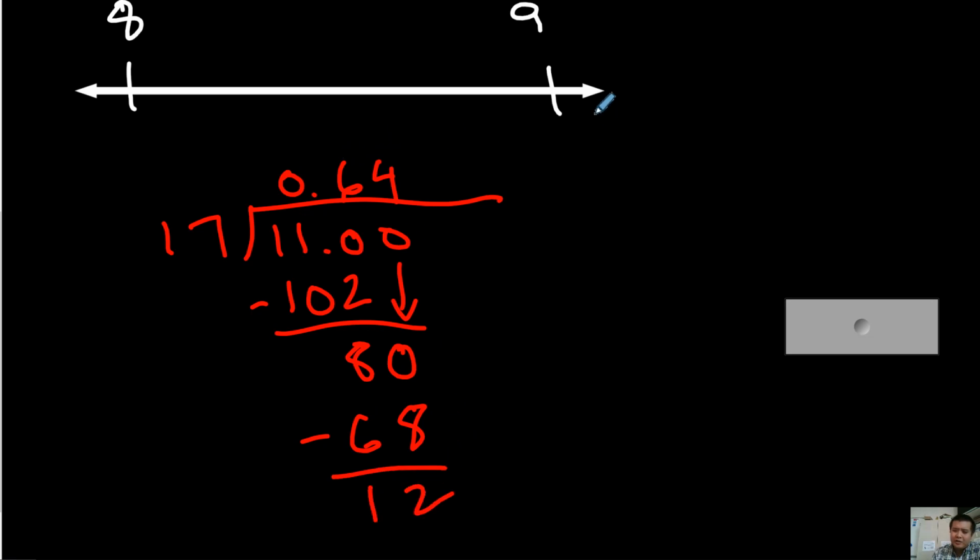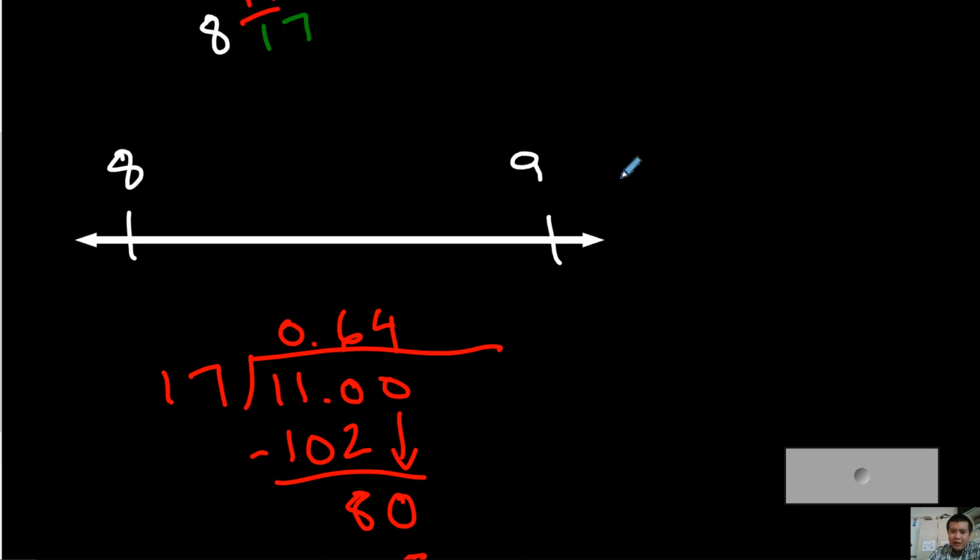So our approximation is going to be 8.6, because all we needed to look at was the hundredths place in order to determine what we were rounding to. So let's mark it: 1, 2, 3, 4, 5, 6, 7, 8, 9, which means our final answer, like we kind of predicted, is going to be right here at 8.6.